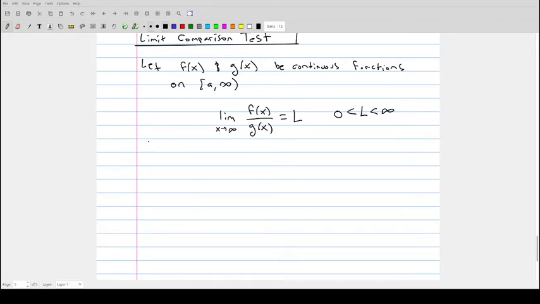Then the conclusion of this test says that the following improper integrals will either both converge or both diverge.